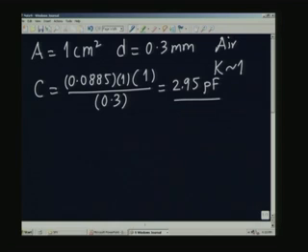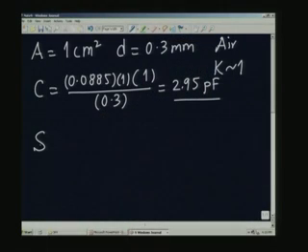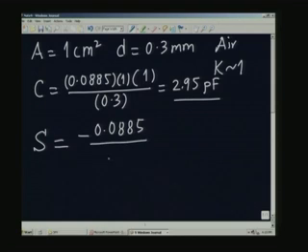If you look at the sensitivity of that, it is nothing but the rate of change of the capacitance with respect to the distance between them. So, we will say the sensitivity S is nothing but minus 0.0885 divided by, it is nothing but the derivative with respect to d.